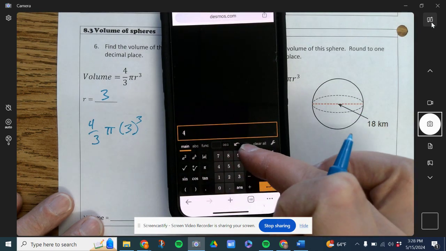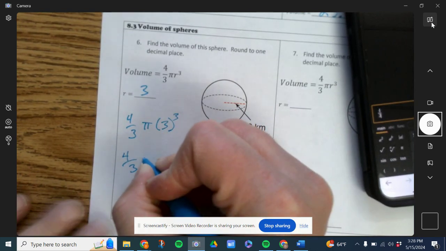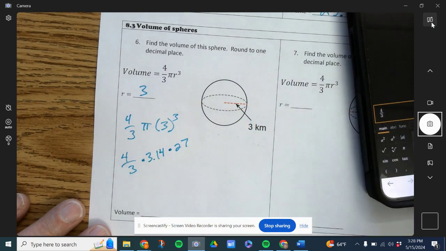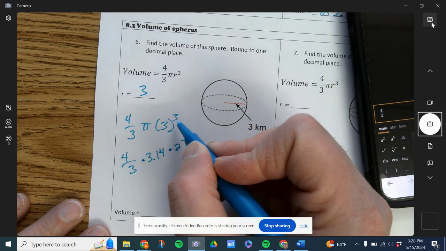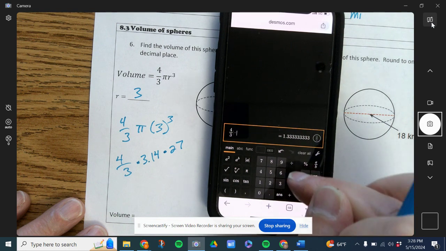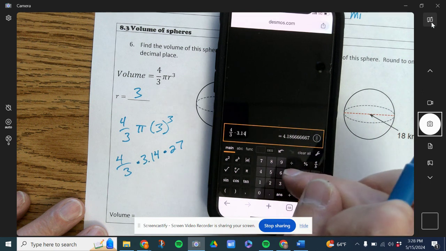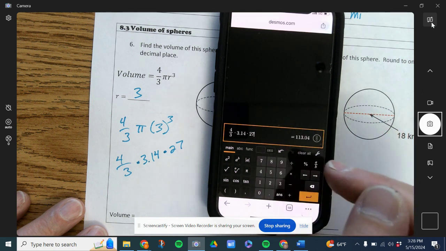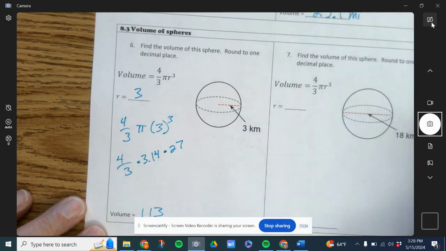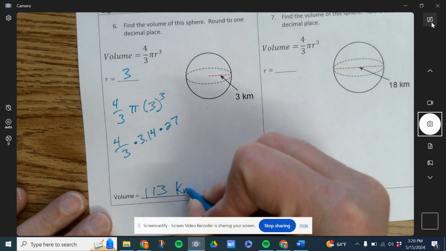So 4 divided by 3 times 3.14 times 27. 3 times 3 is 9, times 3 is 27. So I'm just popping the entire thing into the Desmos scientific calculator, times 27, and we get to 113. Now, if we're doing one decimal place, we're just going to leave it there and not put that 0.0.